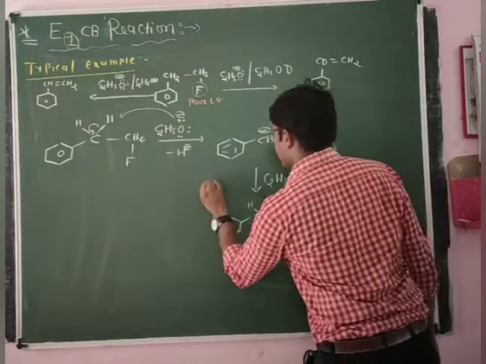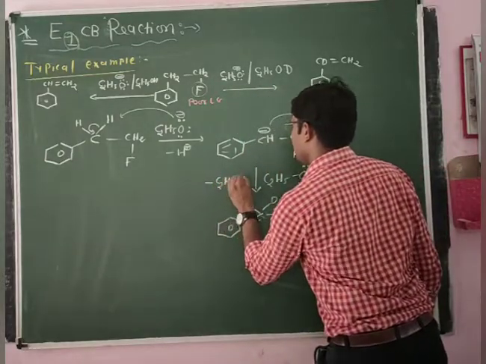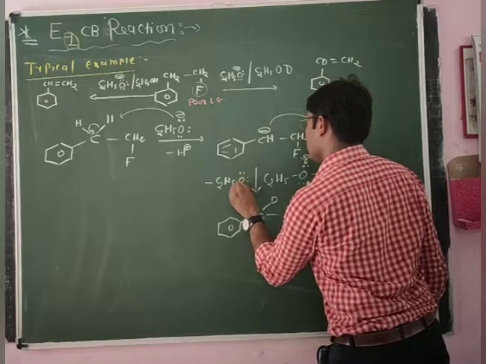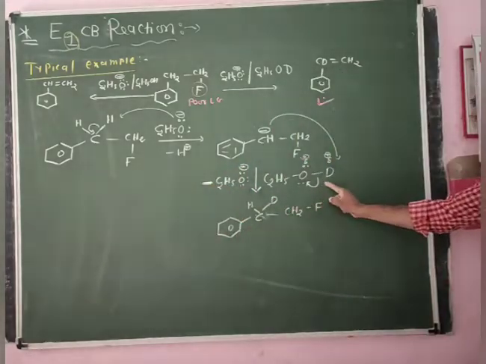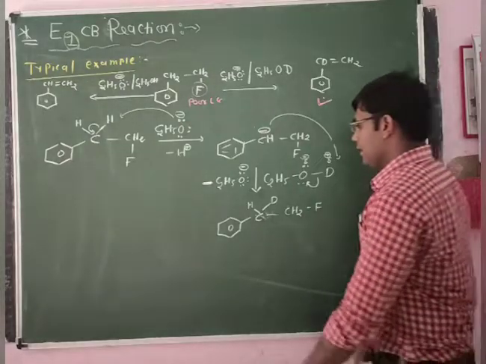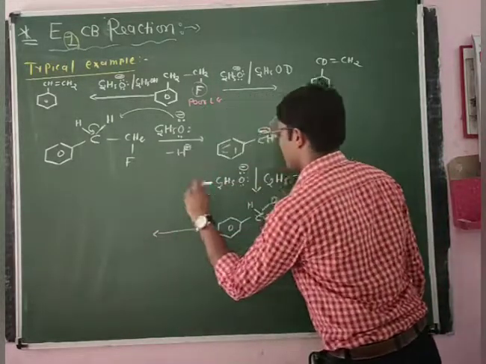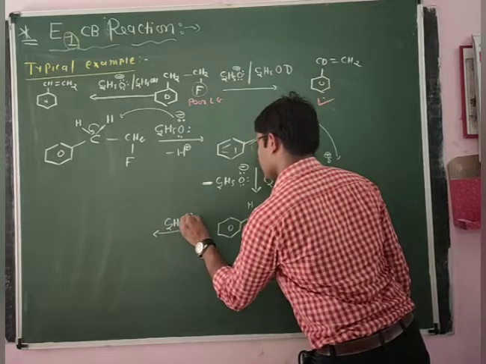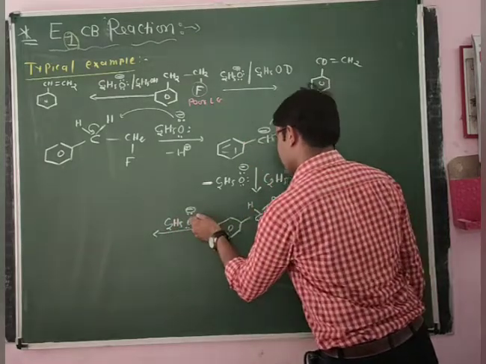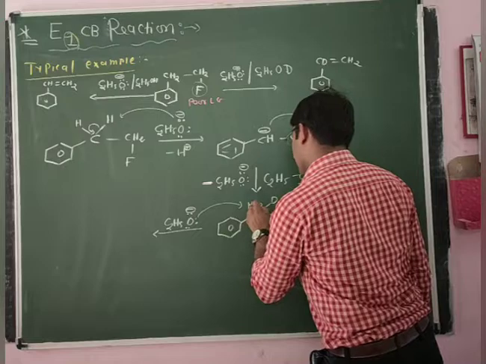And there is formation of further ethoxide ion, C2H5O minus, and now this C2H5O minus abstracts this proton and a carbanion is formed.